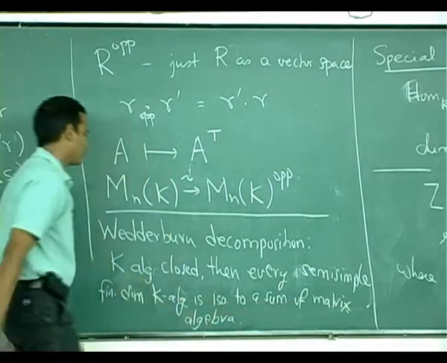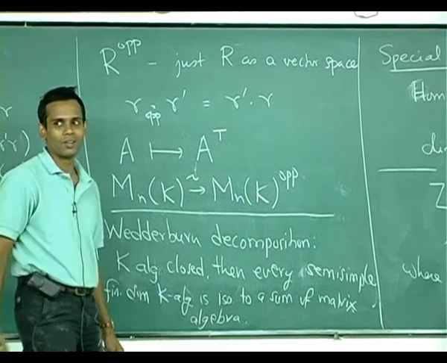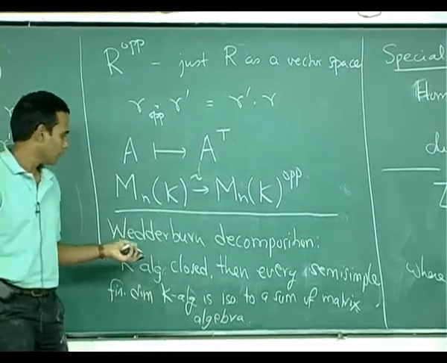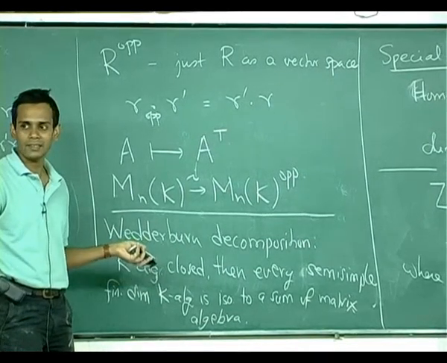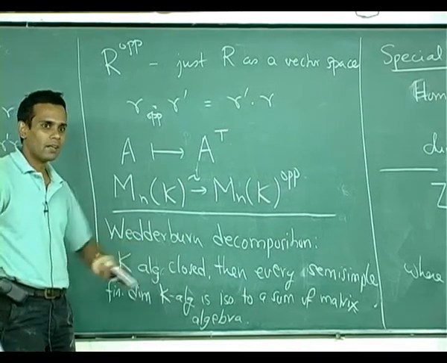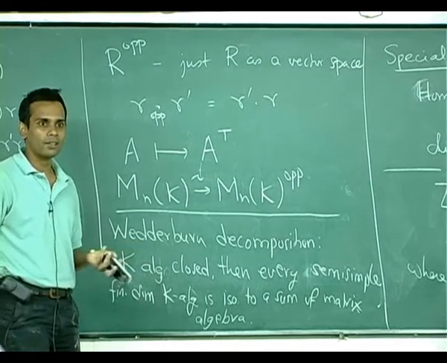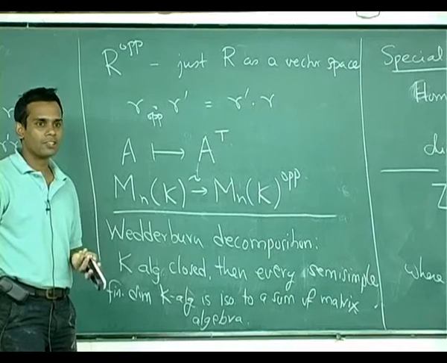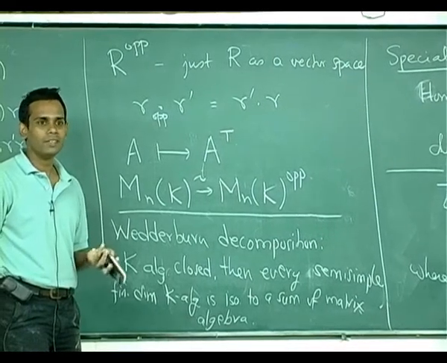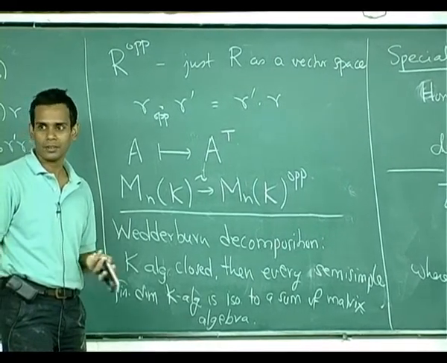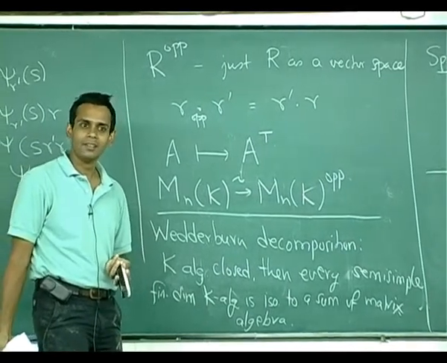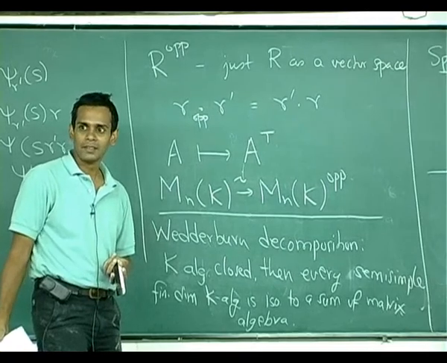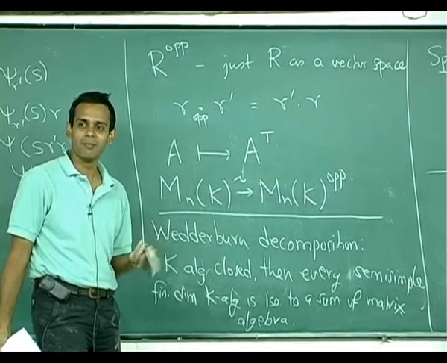So somehow a theory which seemed to involve a lot of structure, constants and so on has collapsed into something which is purely combinatorial, in the sense that if I ask you to classify all the semi-simple K algebras of dimension 22 for an algebraically closed field K, you would just see how many ways you can write 22 as a sum of squares, and for each of those you would write down a matrix algebra.